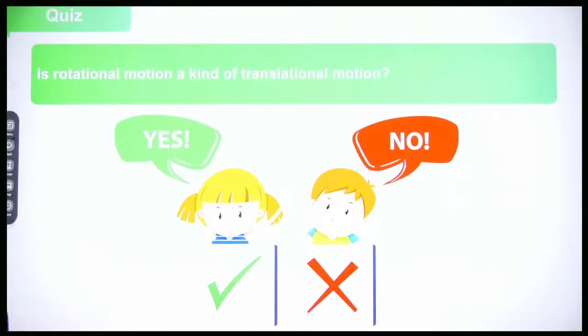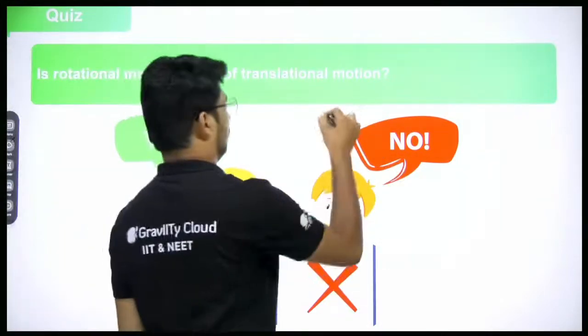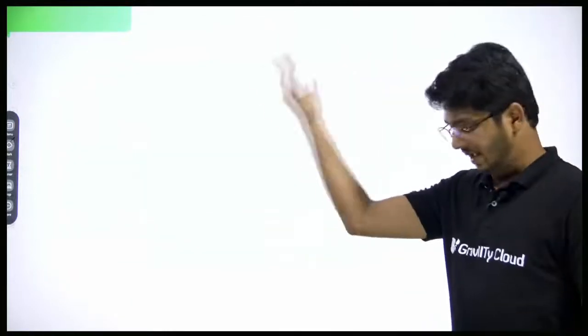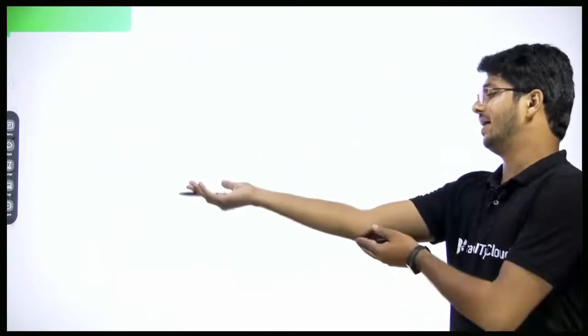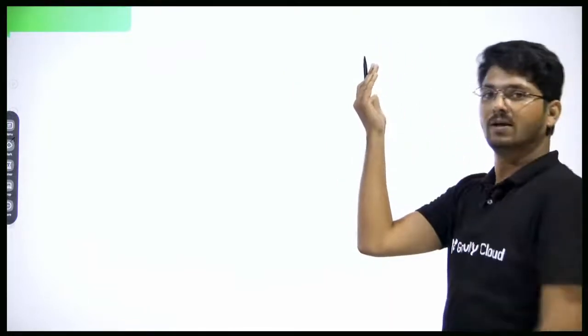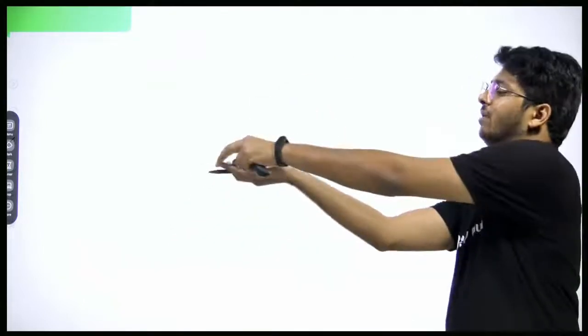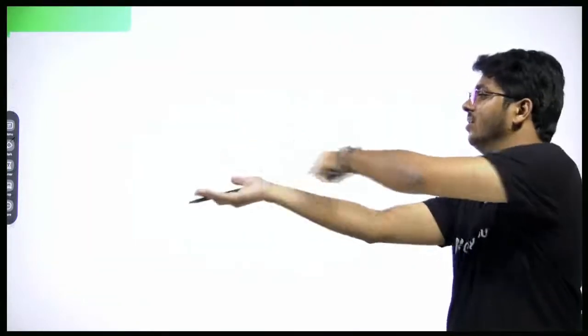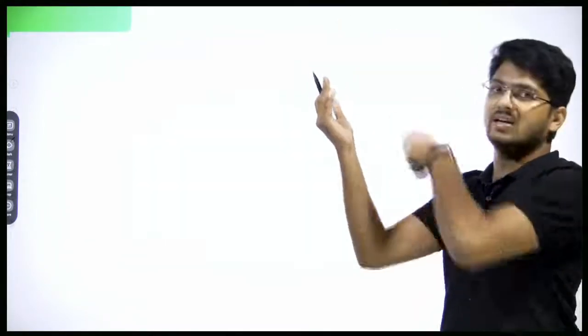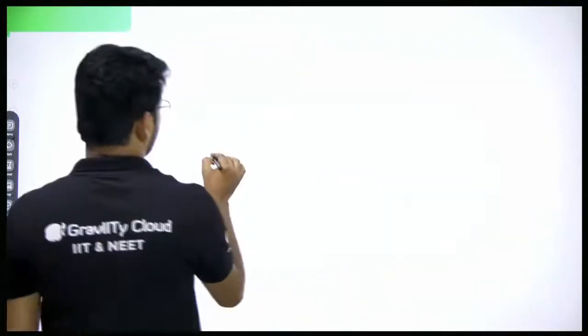So here, is rotational motion a kind of translational motion? No. Why? Because in translational motion, every point should move the same distance. Look at my hand again. I am opening and closing it. Is every point of my hand moving the same distance? My finger is moving from here to here, but my elbow is not moving.